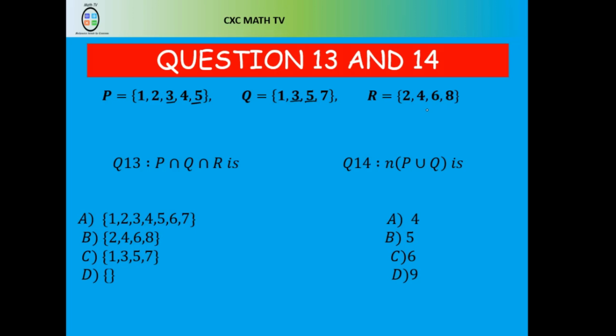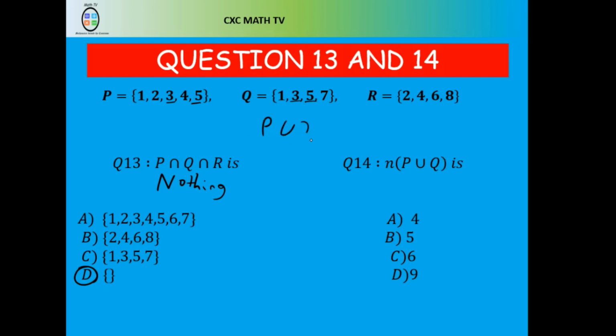Go over to R now, but R doesn't have 3 or 5, so P, Q, and R have nothing in common. Since there's no element in all 3, it's the null set.